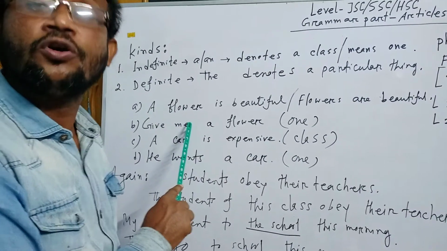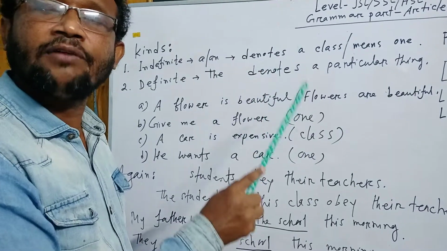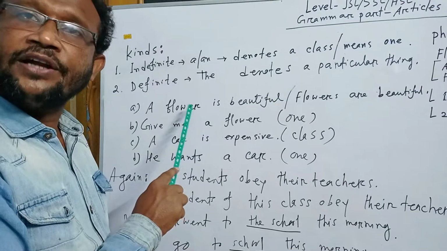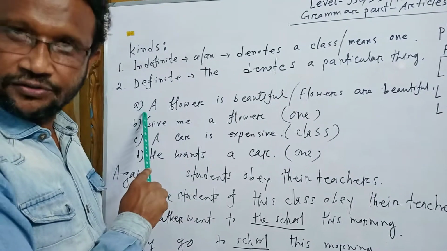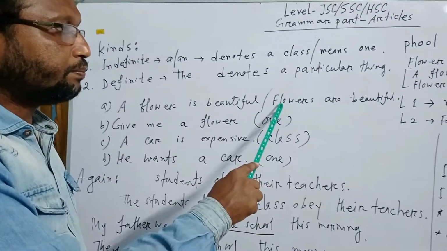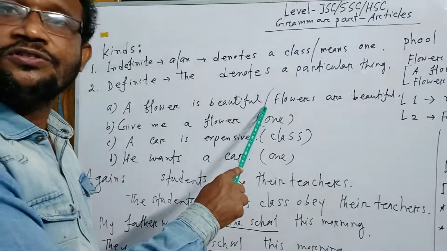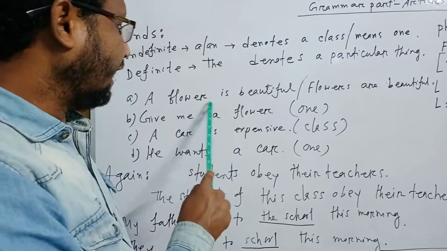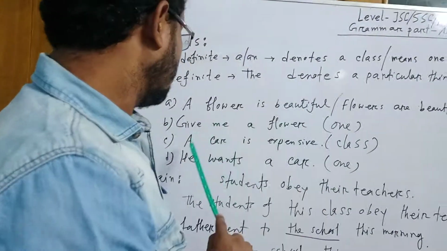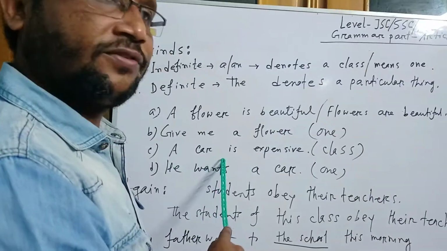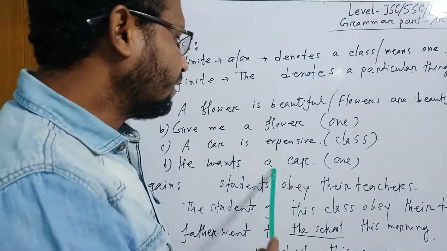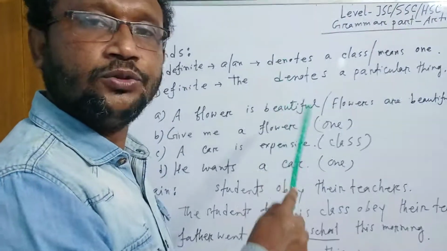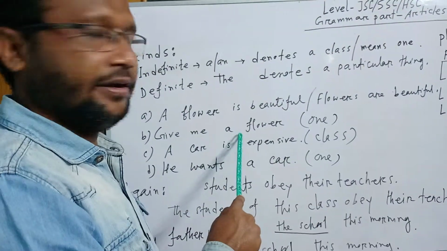When it refers to a class, we can write it in two forms, singular and plural, and in singular form you have to use an article, but in plural form we do not need to use articles. Give me a flower. Here a means one flower. A car is a class. He wants a car, one car. So this is the use of a or an.